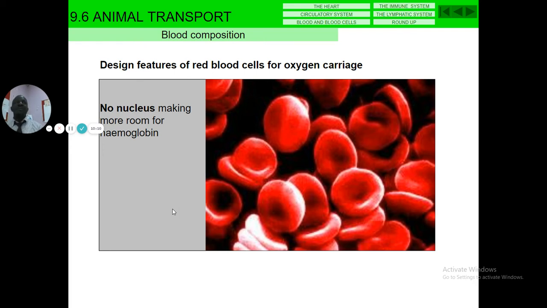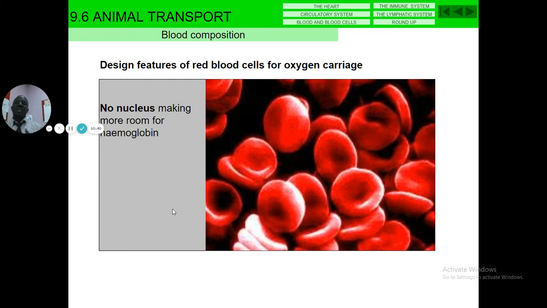Hemoglobin is a conjugated protein made up of a protein known as globin joined with iron, called heme. So the two increase the capacity of the red blood cells to carry oxygen from the lungs to the rest of the body tissues where it is needed.